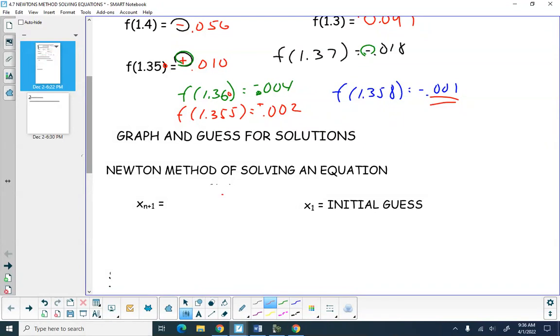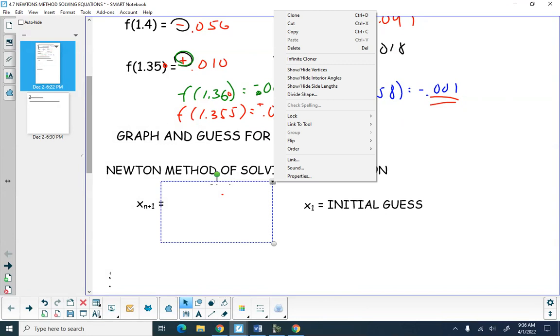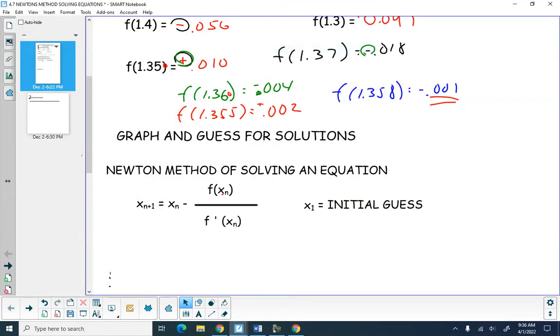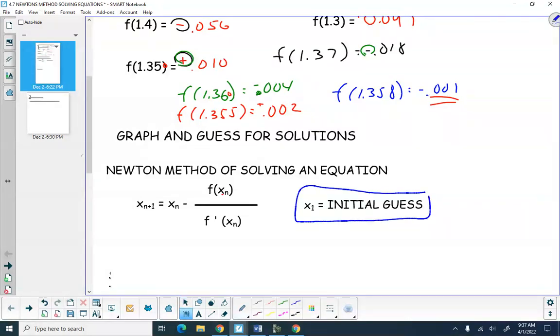We start talking about a recursive formula that we talked about when we were in pre-calculus at the very end. We need to have an initial guess. And this is our x1 value. This is our initial guess.